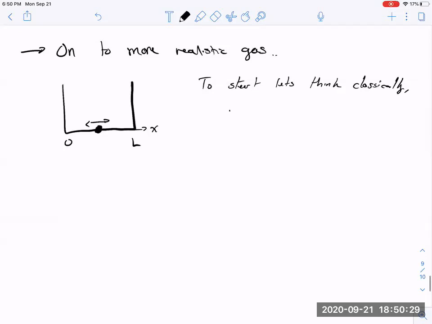In which case, the state of the system is just given by two numbers, where it is and where it's going, its velocity and position.